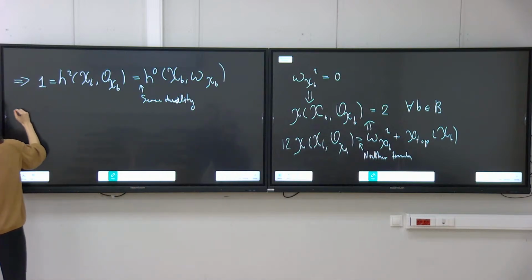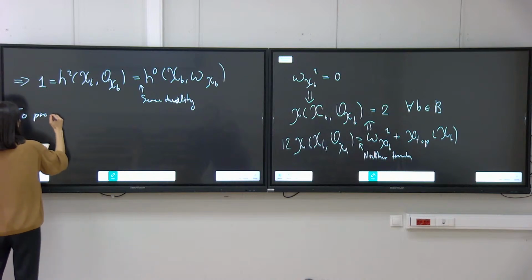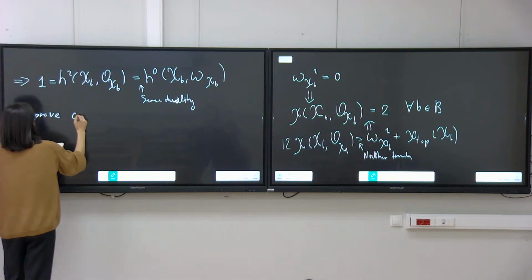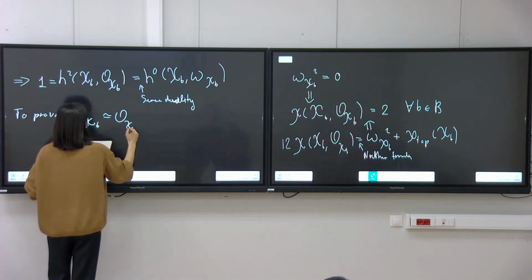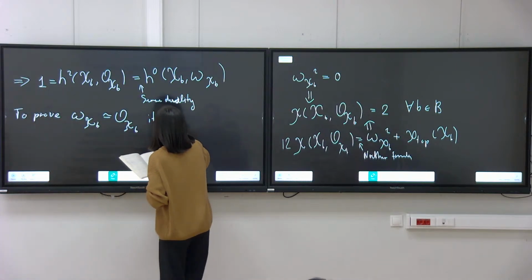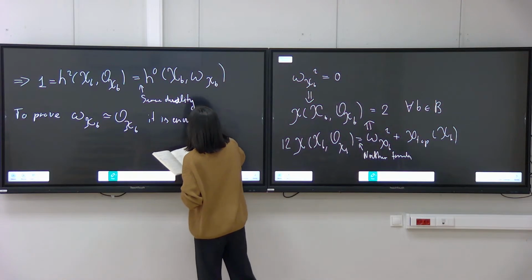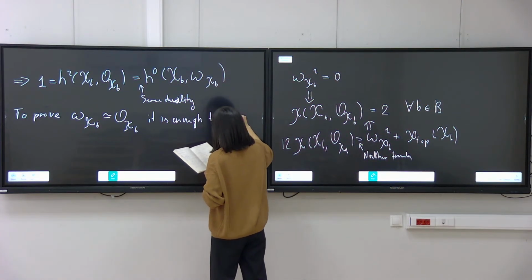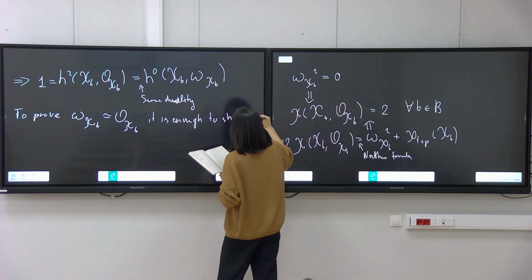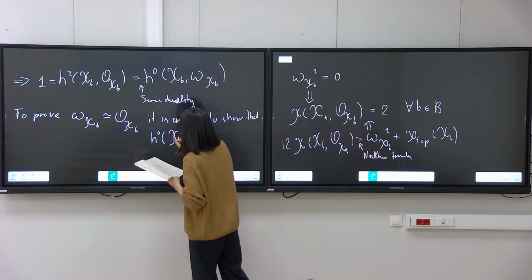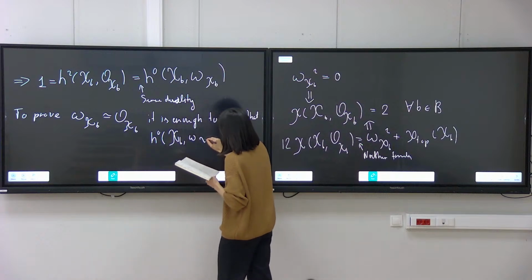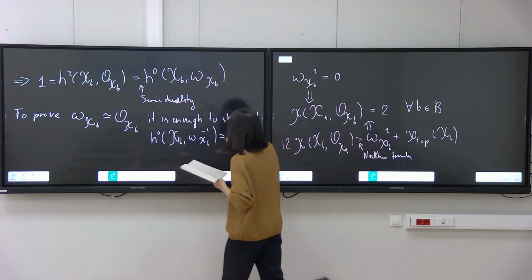To prove that the canonical bundle is trivial, it is enough to show that there is a global section of the dual line bundle.